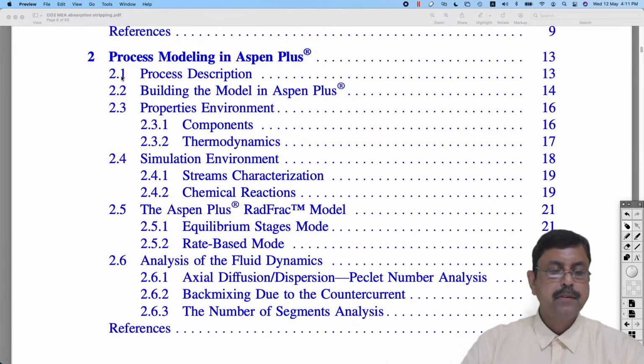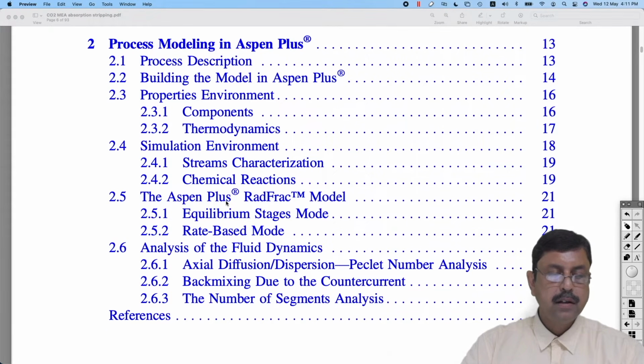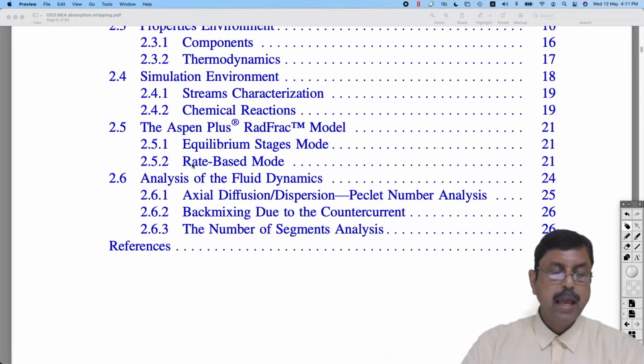These are not relevant to our study. Our actual study begins in the second chapter where the process description is given, how to set the property environment, the simulation environment. In Aspen Plus, we will use RATFRAC column for absorption and stripping as well. And it will be run in rate-based mode.